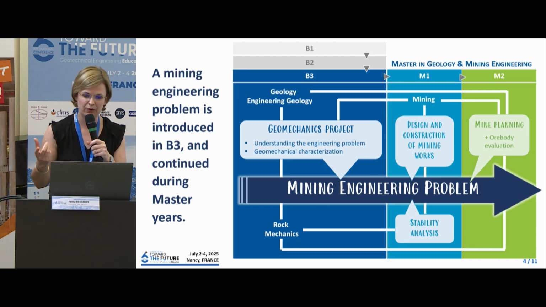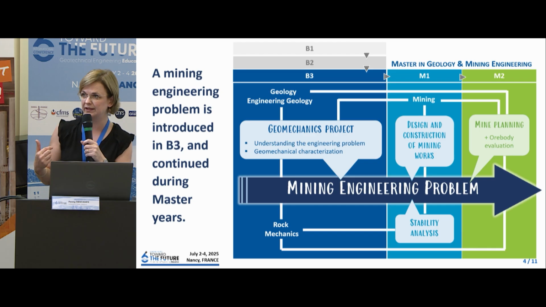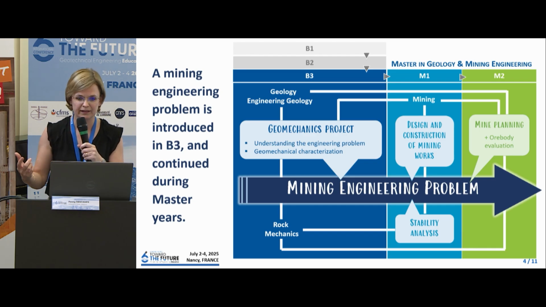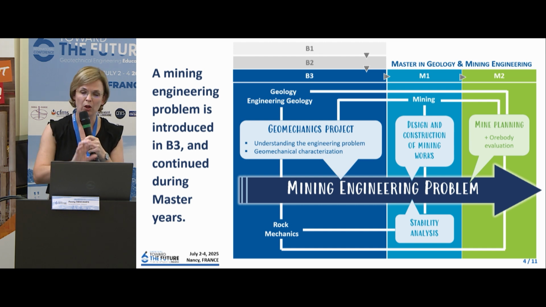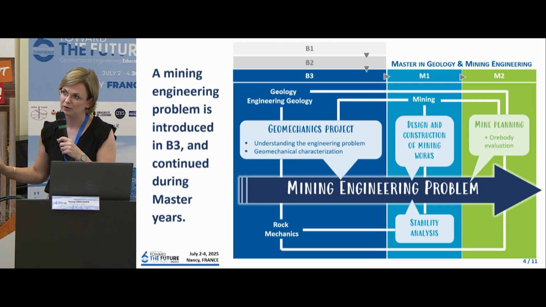I mean, in the 1st year of the master degree, they have design and construction of workings and stability analysis. And then in the 2nd year of the master degree, they continue with a mine planning point of view, always on the same mining engineering problem.